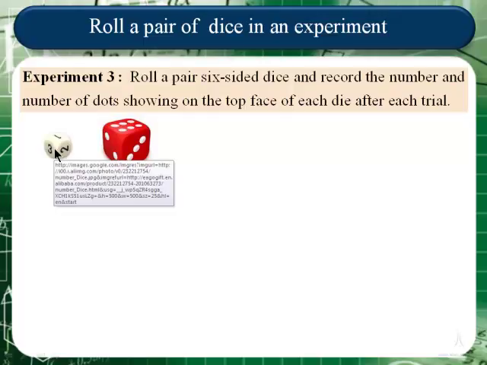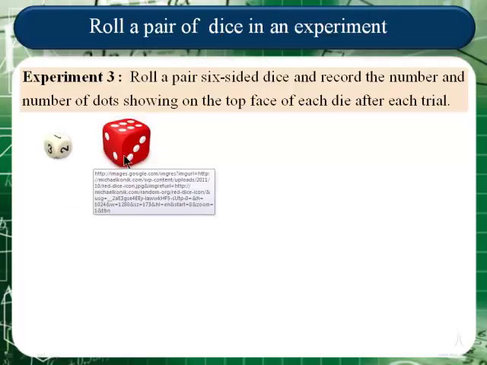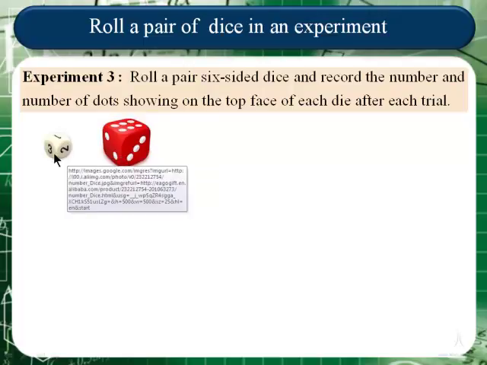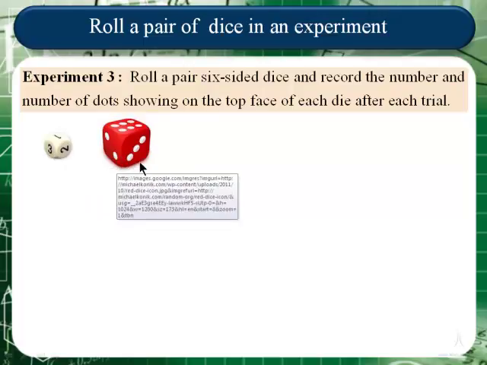Here you see a number die, and there you also see the internet reference where I obtained this particular image. This one here we can call a dot die. Getting a 3 on the number die means you get the number 3, while getting a 3 on the dot die means you get 3 dots. This is just so that we can make a clear distinction between the 2 different outcomes.